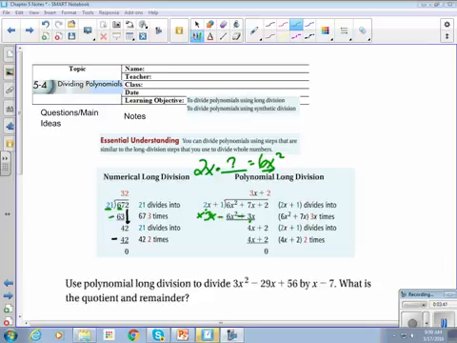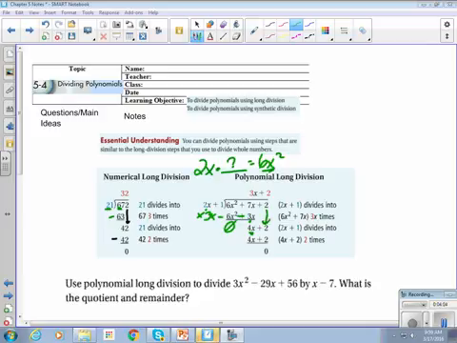Over here we subtracted 63, so we're following that same process. We are going to subtract 6x squared and subtract 3x. So 6x squared minus 6x squared is 0. And 7x minus 3x is 4x. We're going to bring down the 2.